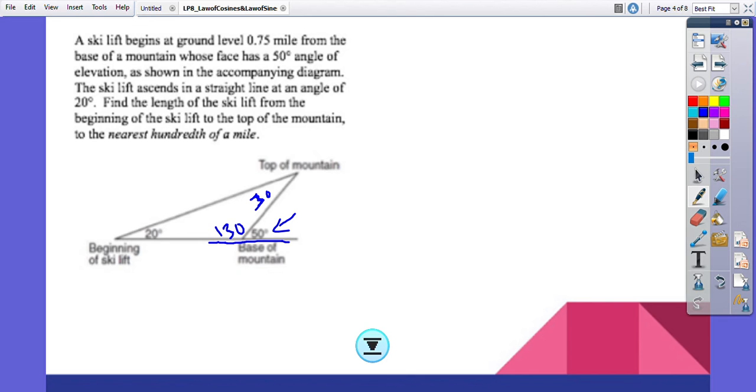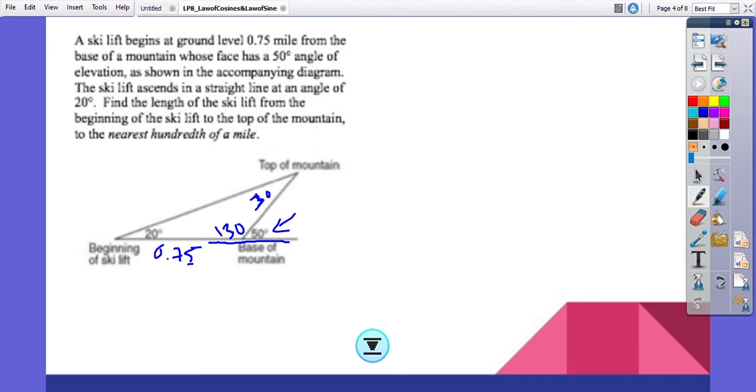Now, this one is saying that a ski lift begins at ground level, 0.75 miles from the base. So this means that this distance is going to be 0.75 miles and has an angle of elevation of 50, which they already gave us, and we already determined that the supplementary angle is going to be 130.